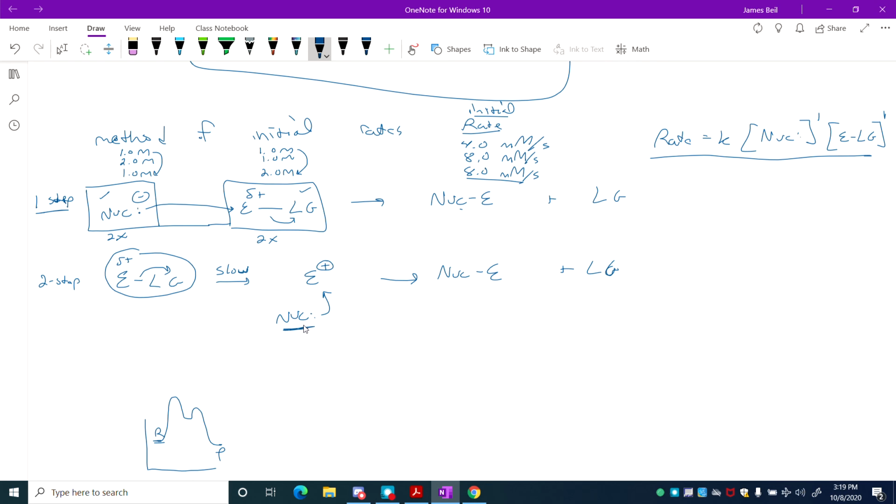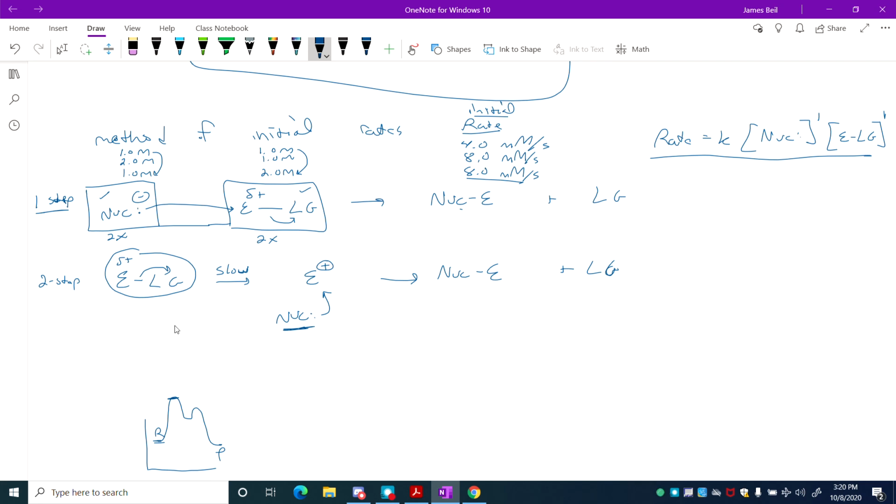The nucleophile in this mechanism is only involved in the second step. So yeah, adding more nucleophile would increase how often the second step happens, but it's not going to speed up the first step, and since that's a slow step with the higher energy transition state, that's the step that's slowing everything down.